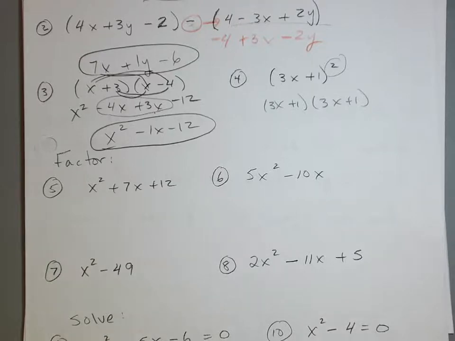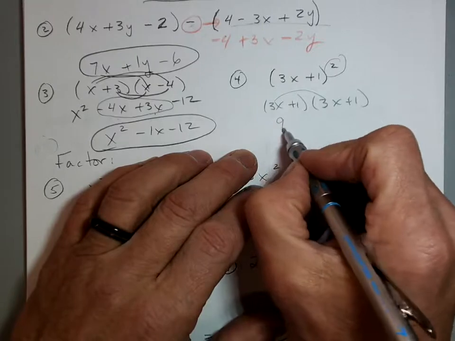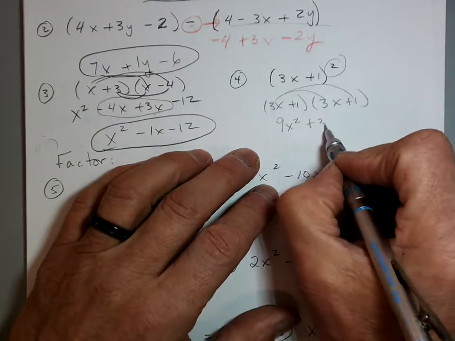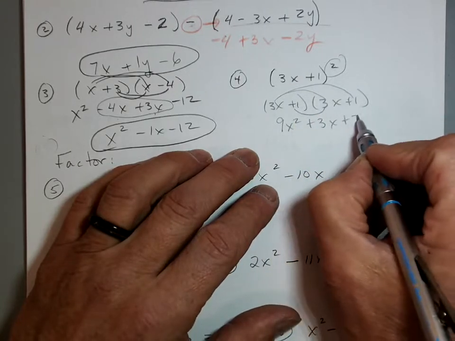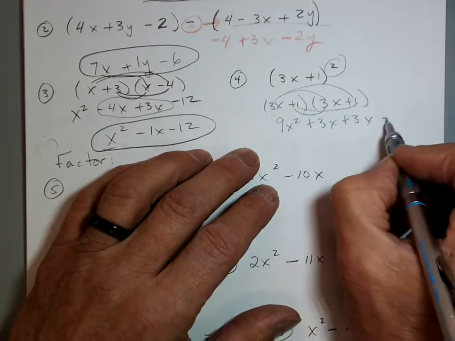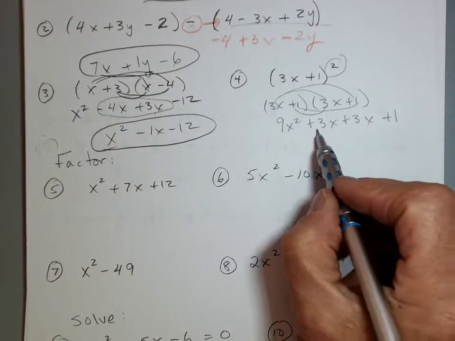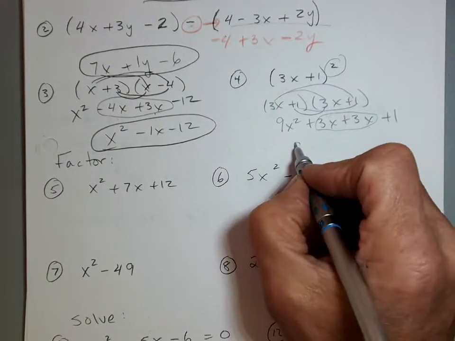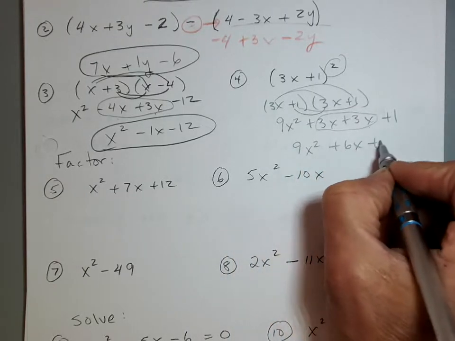So now it just becomes a FOIL problem. 3x times 3x is 9x squared. 3x times 1 is a positive 3x. 1 times 3x is a positive 3x. And 1 times 1 is a positive 1. Again, I'm going to combine like terms. 3x plus 3x is 6x. So we're going to go 9x squared plus 6x plus 1.